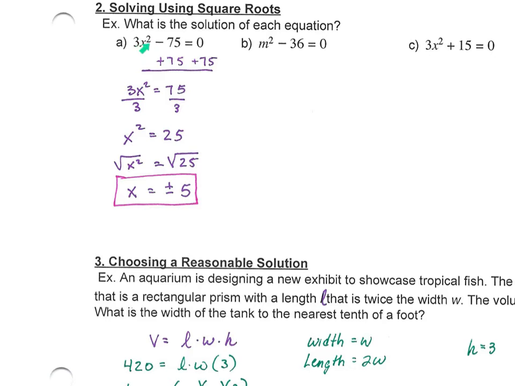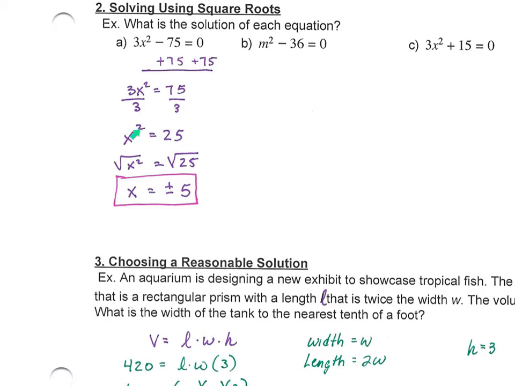So 3x squared minus 75 equals 0, so I want to isolate my variable term, moving 75 over to the other side with inverse operations. And now as I simplify, I have 3x squared equals 75. Again, I'm going to isolate my variable by dividing by the coefficient. Divide both sides by the coefficient, and I end up with x squared equals 25.